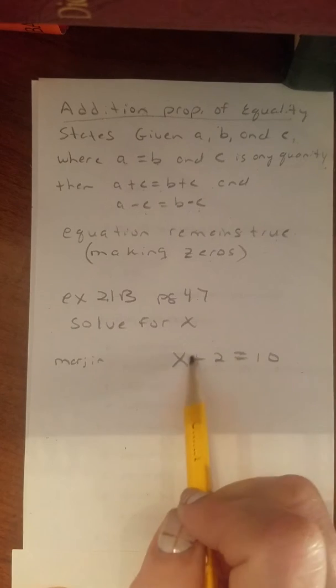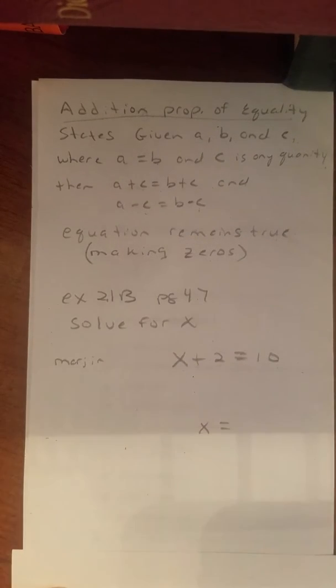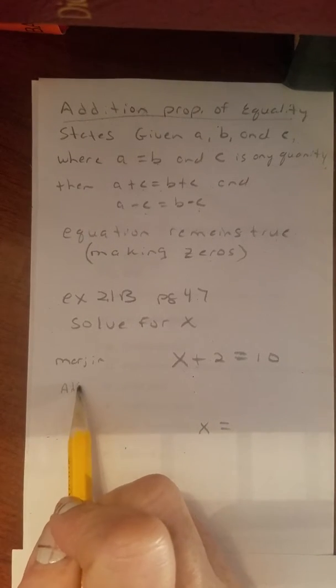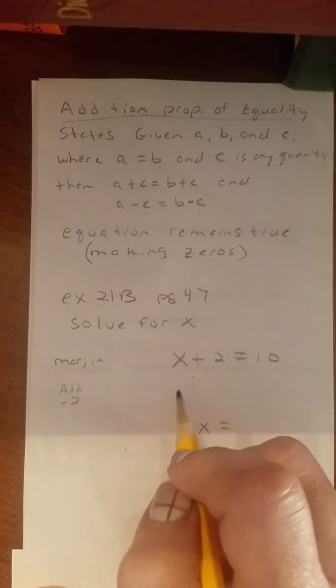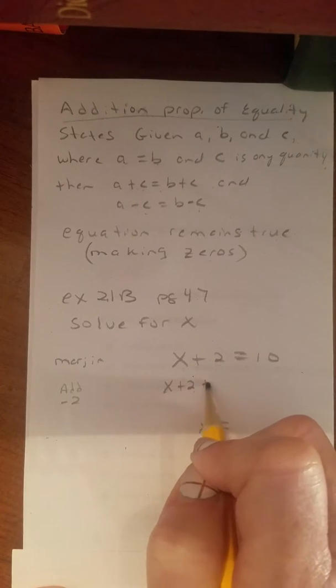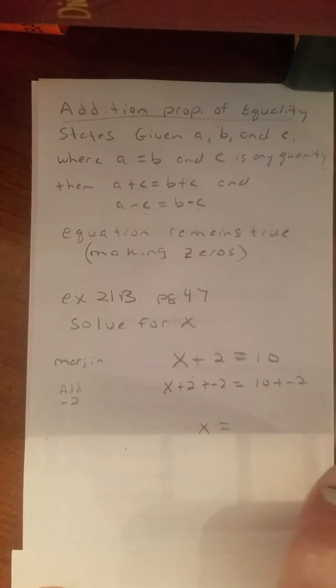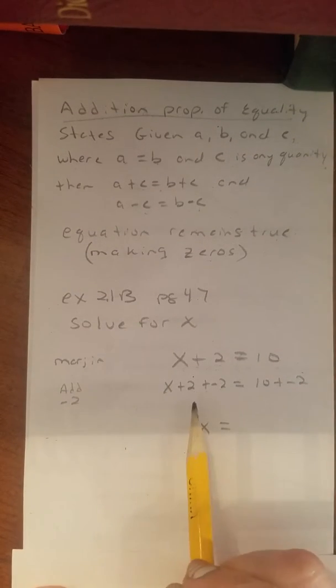So in order to get rid of this 2, because my goal is to isolate x, or get x by itself, I'm going to add a negative 2 to both sides of the equation. So I'm going to write x plus 2 plus a negative 2 and 10 plus a negative 2, because I'm adding a negative 2 to both sides.